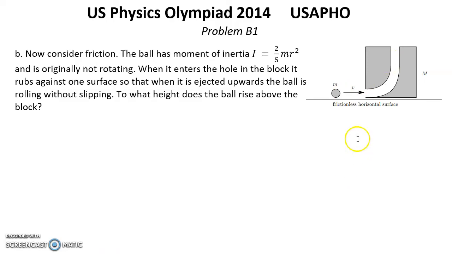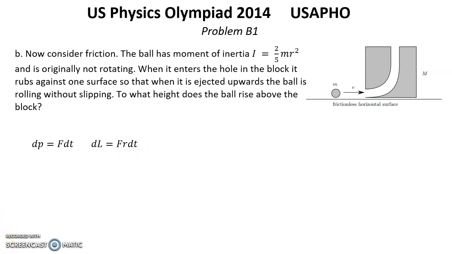So during the motion inside of this block, we have a change of linear momentum and a change of angular momentum for the ball. And there are equations. Change of linear momentum, delta p, equals force multiplied by delta t, and the change of angular momentum equals force multiplied by radius multiplied by delta t.